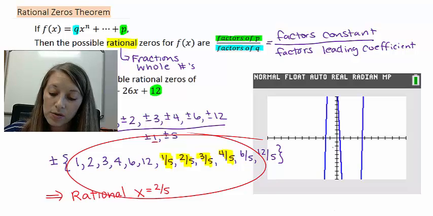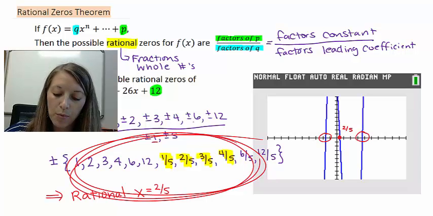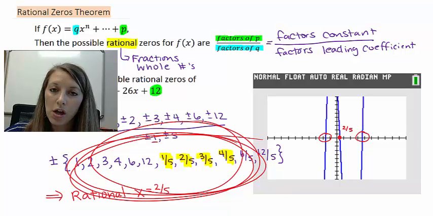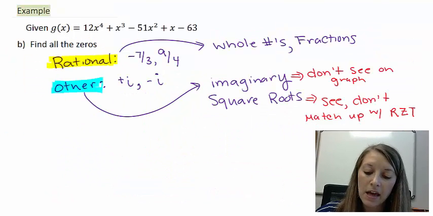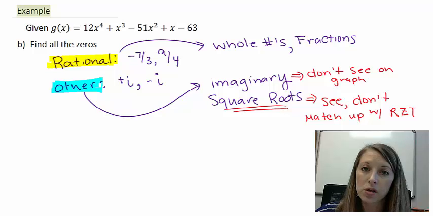So the only rational zero we found was this one right here, and that happens to be the 2/5 one. But we also had zeros out here, but they did not match up with our list of numbers. So that means that had to be some other form of the zero. And so when we see things that happen like that, that means they're going to be square root answers.